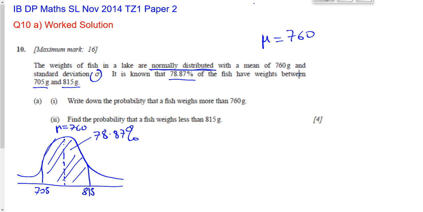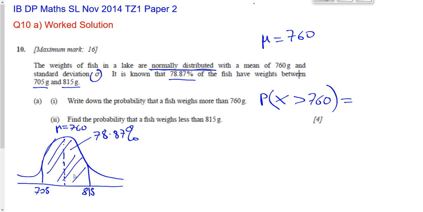So write down the probability that a fish weighs more than 760. Let's represent that mathematically. We're looking for the probability that our random variable is greater than 760 grams. Now we can tell from our diagram that 760 grams represents our mean, the middle of our data. So what's the probability that if we picked a fish at random, it weighed more than the middle?